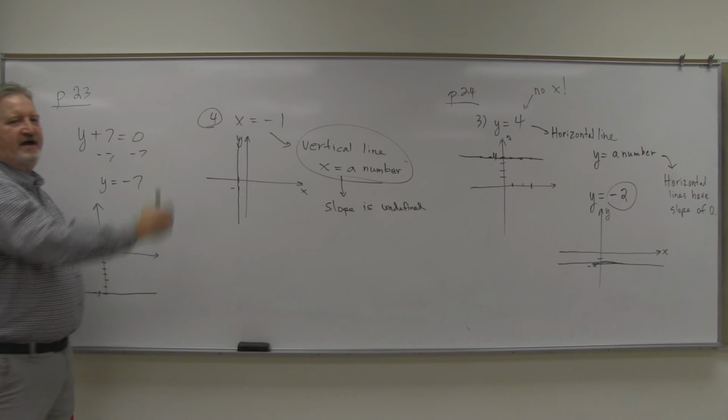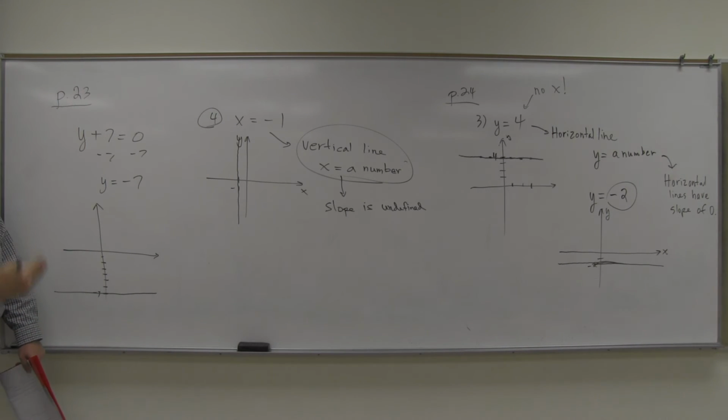It's straight up and down, so it's not slanted one way or the other. So that undefined slope, if you use the slope formula, you can get that more readily. But anyway, x equals a number is vertical, y equals a number is horizontal.